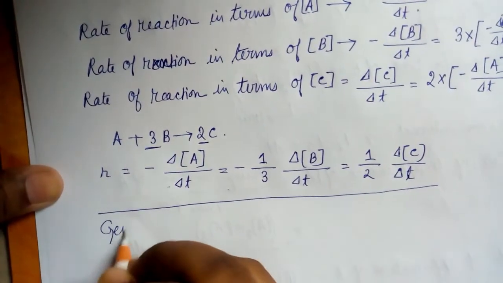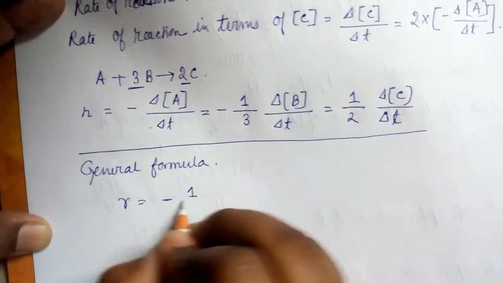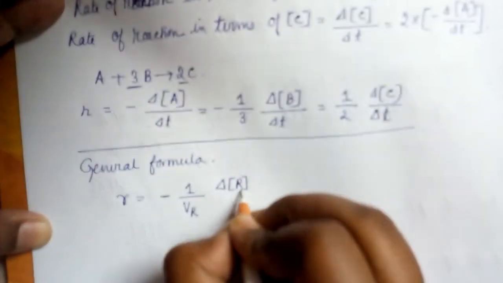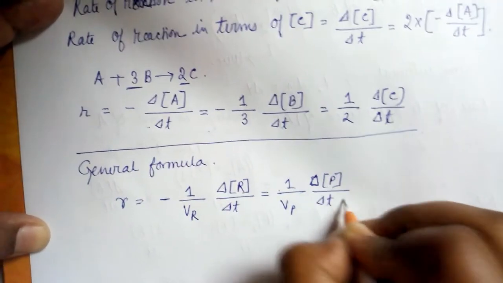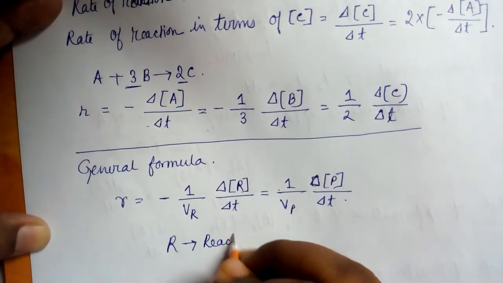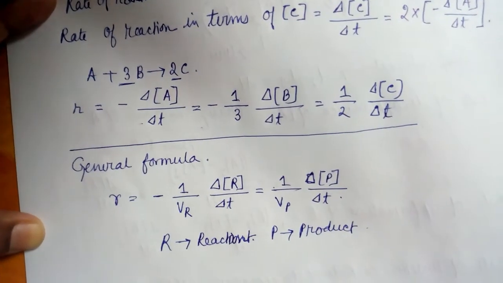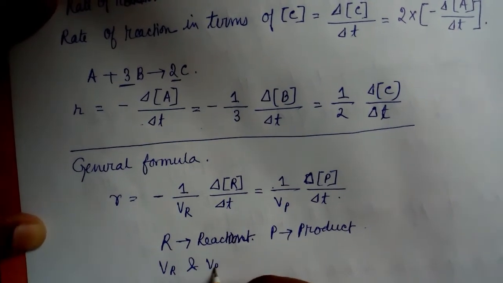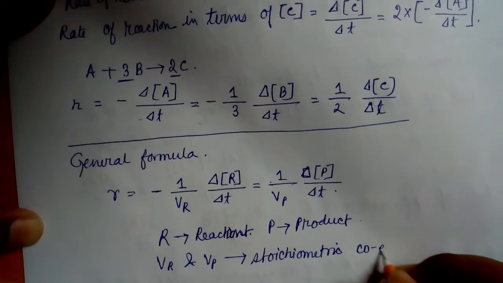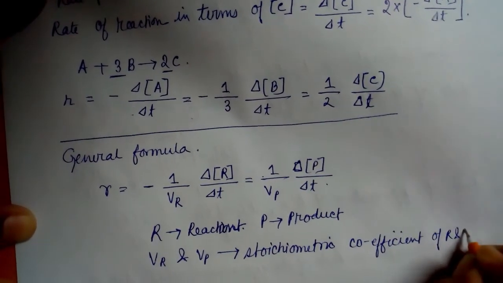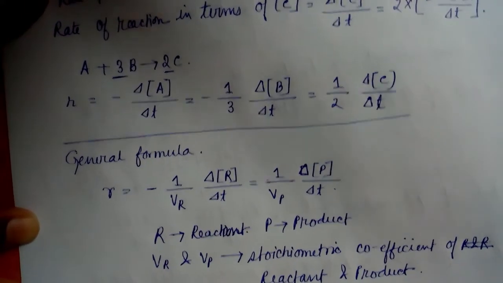So the general formula is R equal to minus 1 by v_R delta R by delta t, equal to 1 by v_P delta P by delta t, where R and P are the reactant and the product, and v_R and v_P are the coefficients of the reactant and product. Okay, got it.